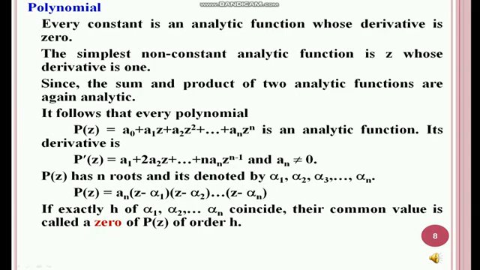From the factorization, we conclude that p of z does not vanish for any value of z different from alpha 1, alpha 2 up to etc. alpha n. Suppose exactly h of alpha 1, alpha 2 up to etc. alpha n coincide. Their common value is called a zero of the polynomial p of z of order h.